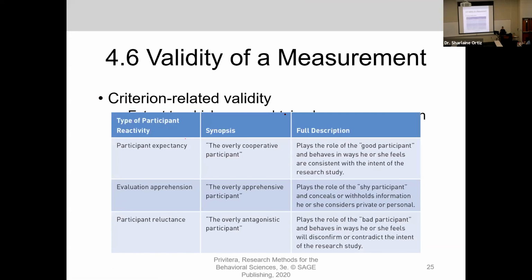Right, this one over here, it's a little wonky, but nevertheless, here we go. So we have criterion-related validity. And what do I mean by that? It just examines the relationship between that measure and some other criterion.